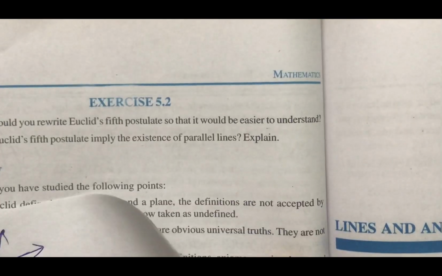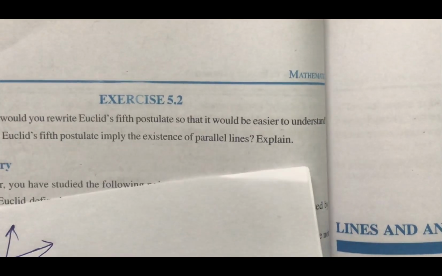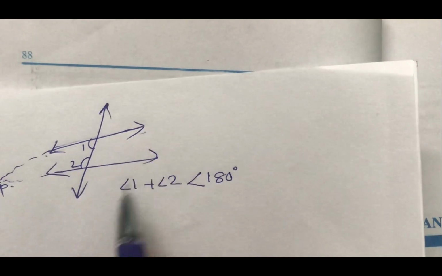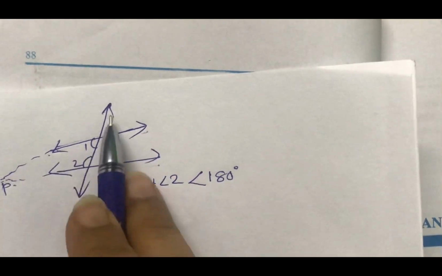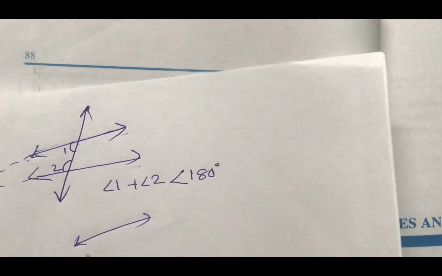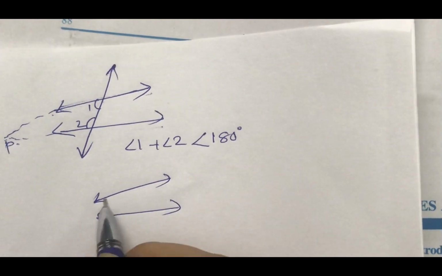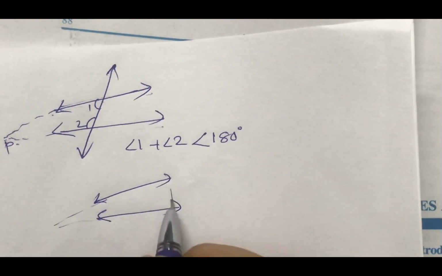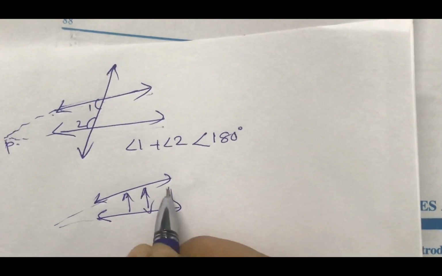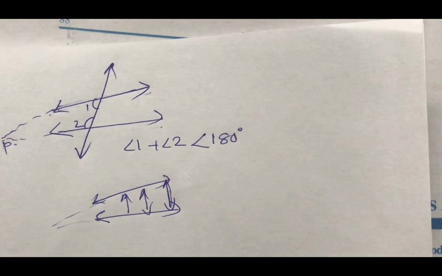So can it be rewritten so that it is easier to understand? Yes, it can be written as: two intersecting lines cannot be parallel to each other. Two intersecting lines will intersect if you produce them, so they will never be parallel. The distance between these lines is not constant. It can be written in this way also.